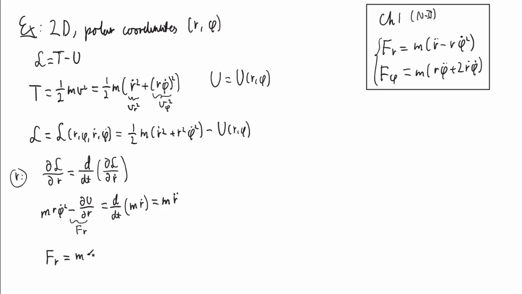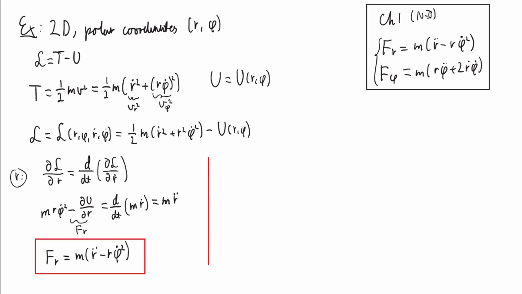Well, need a minus sign there. So it's m times r double dot minus r phi dot squared. Okay. So far so good. That's the same form that we got using more geometric methods earlier.